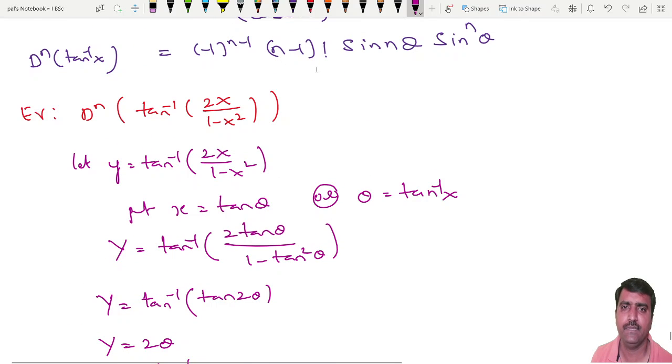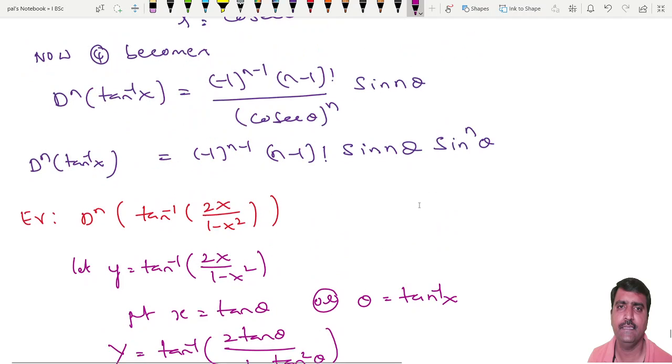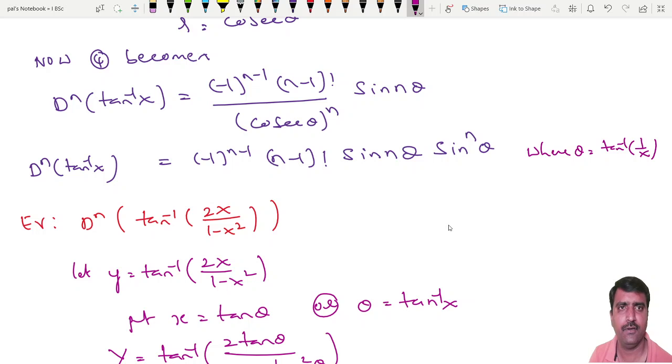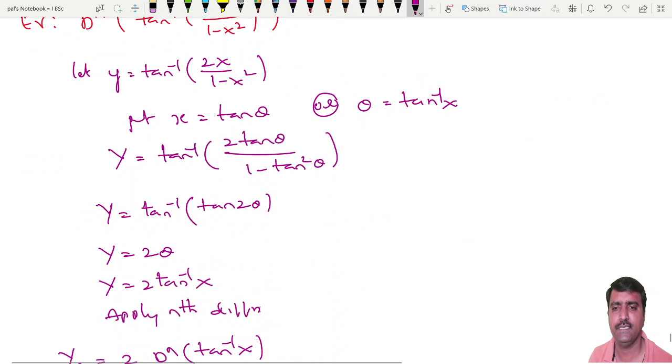It is minus 1 to the n minus 1 factorial, sin n theta into sin to the power of n theta, where theta is equal to tan inverse of 1 by x, or you can write it as cot inverse of x.